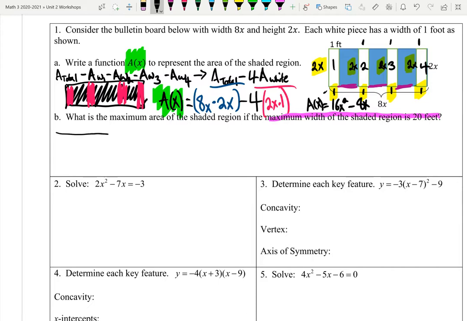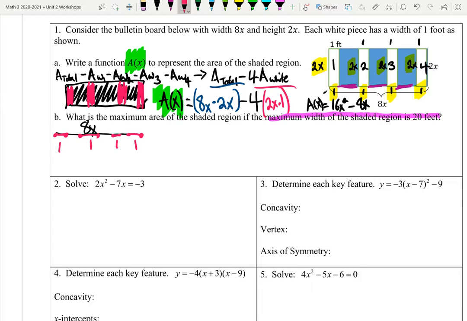I know that the whole thing is 8x, and they cut out pieces that were 1, 1, 1, and 1.